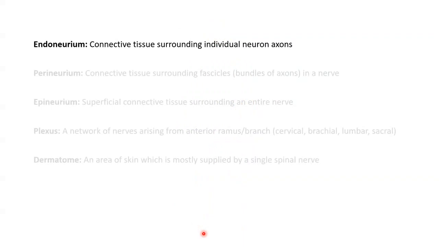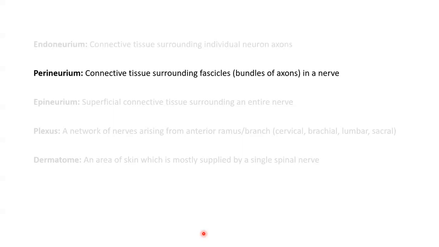So lastly, a written summary of all of those structures for you. The endoneurium is the connective tissue surrounding an individual neuron axon. The perineurium is a connective tissue surrounding the fascicles, which are a bundle of axons within a nerve.